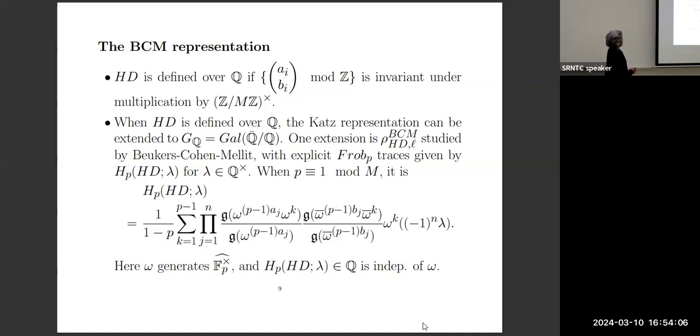The product over J from 1 to N accounts for A1 up to AN, of length N. Finally, originally the summation was over R from 0 to infinity, but now we only have P minus 1 characters, so we sum from 1 up to P minus 1. We evaluate each character at this element lambda. So you can see that this HP function is really the finite field analog of the hypergeometric function.